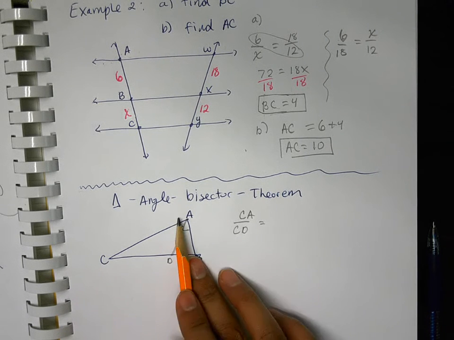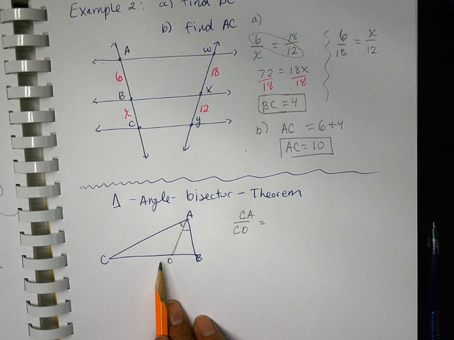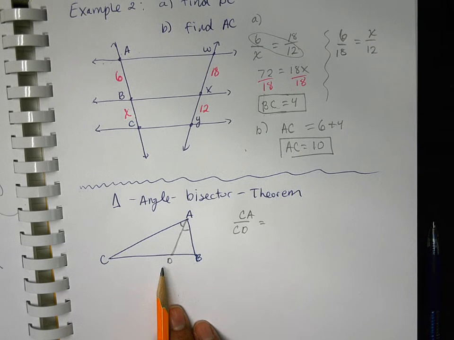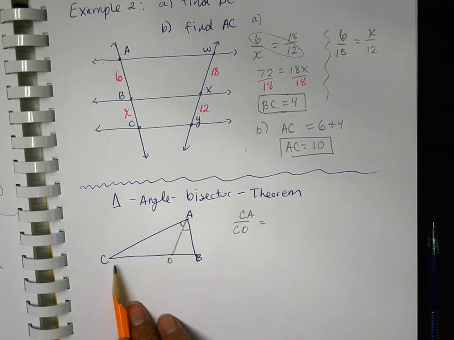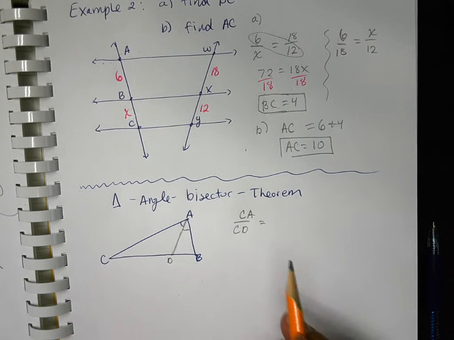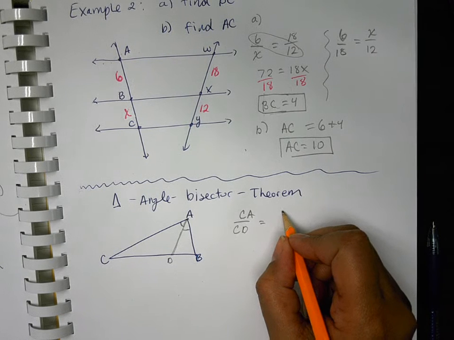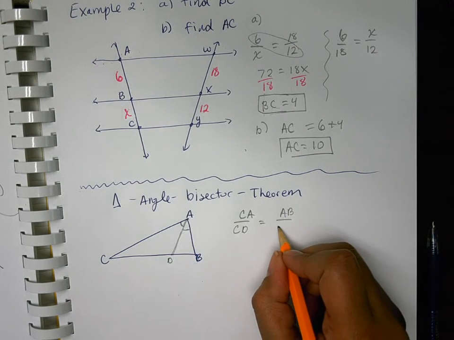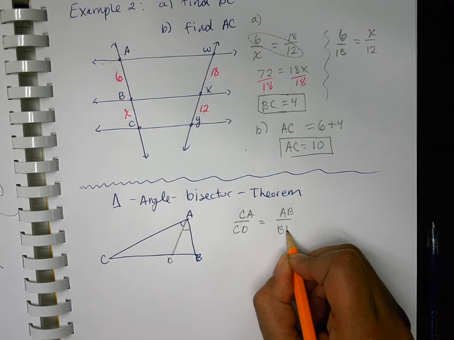CA over CD equals what over what? Do you guys have it? What is it? AB or BA is up to you. Over what? BD or DB? BD.